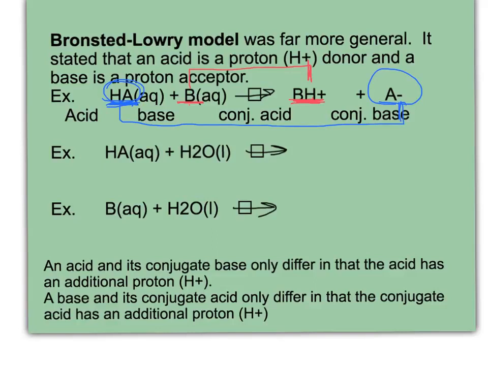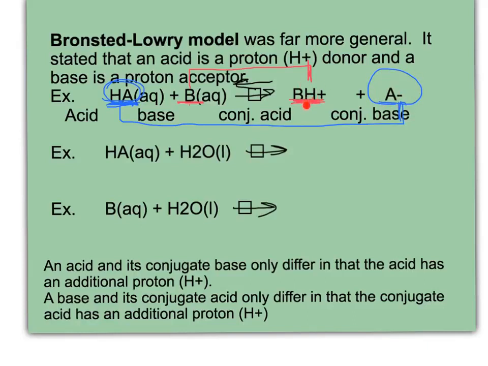Now, if you look at this side of the equation, let's say that this is a reversible reaction, which most reactions are. Now BH plus is the conjugate acid. This is my base, or conjugate base.